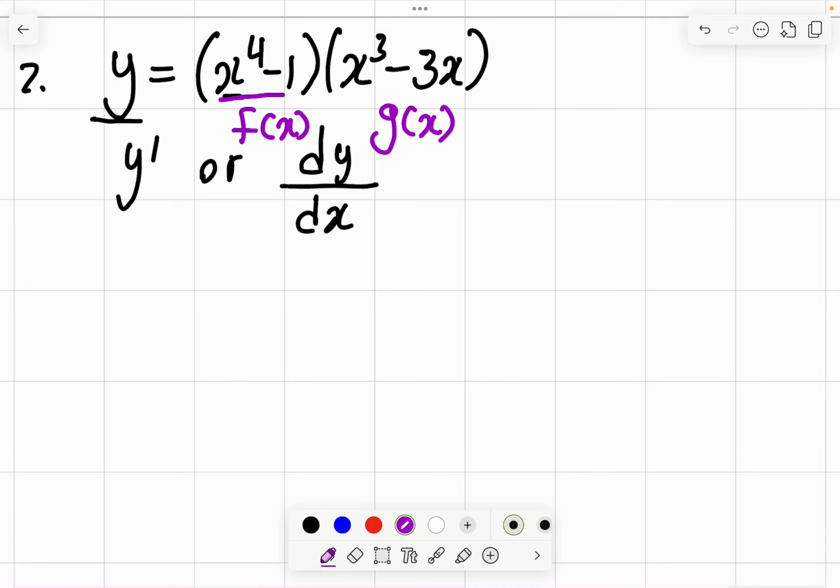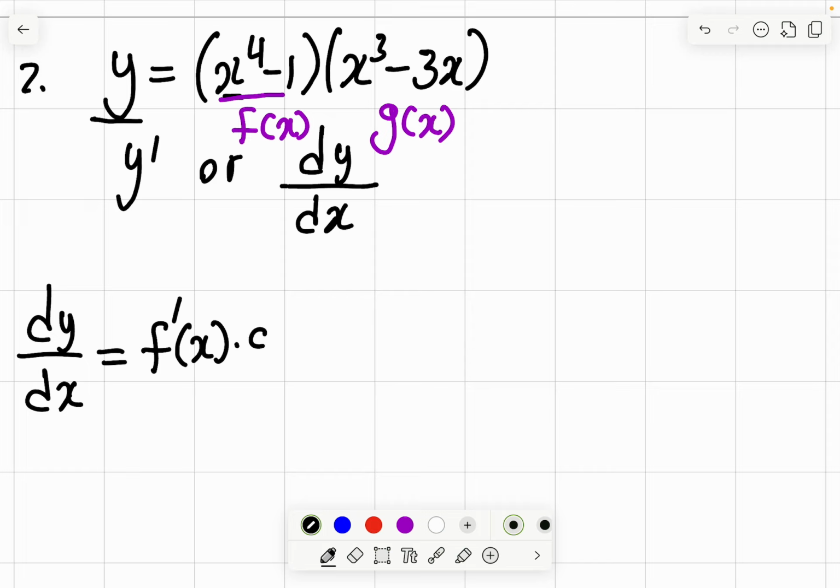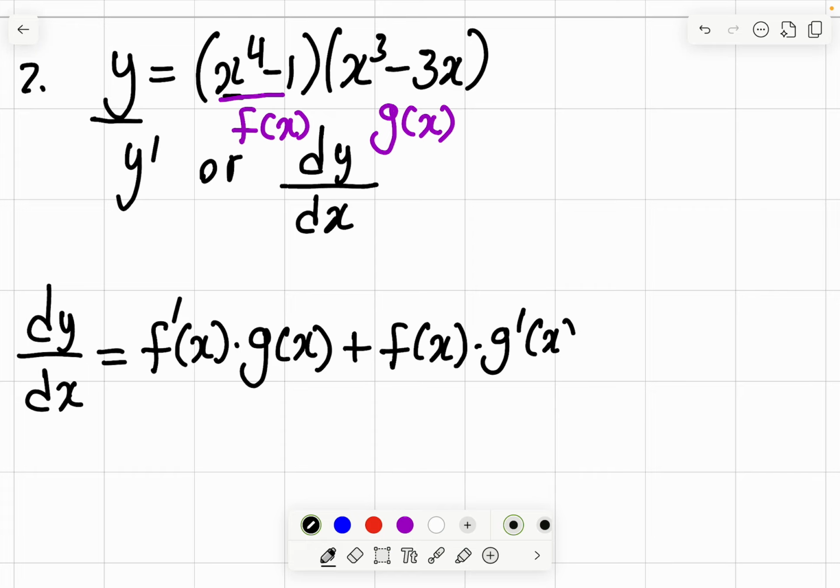So dy over dx is going to be equal to f prime of x multiplied by g of x plus, you keep f of x, then you multiply it by g prime of x. You see how simple it is.